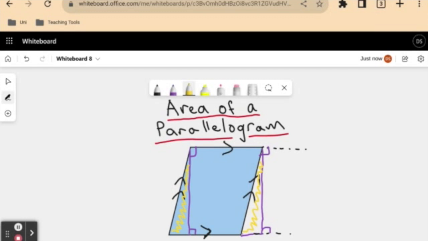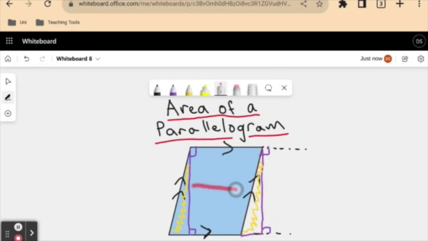But what do we notice about these two areas I have shaded in? Could we say, just by observing, if I were to take this yellow triangle's area, and we'll go into area of a triangle later, we don't need to know the exact formula for it, but just by observation, if I were to take this shape here and slide it across, it looks like it would fit almost seamlessly into this spot here.